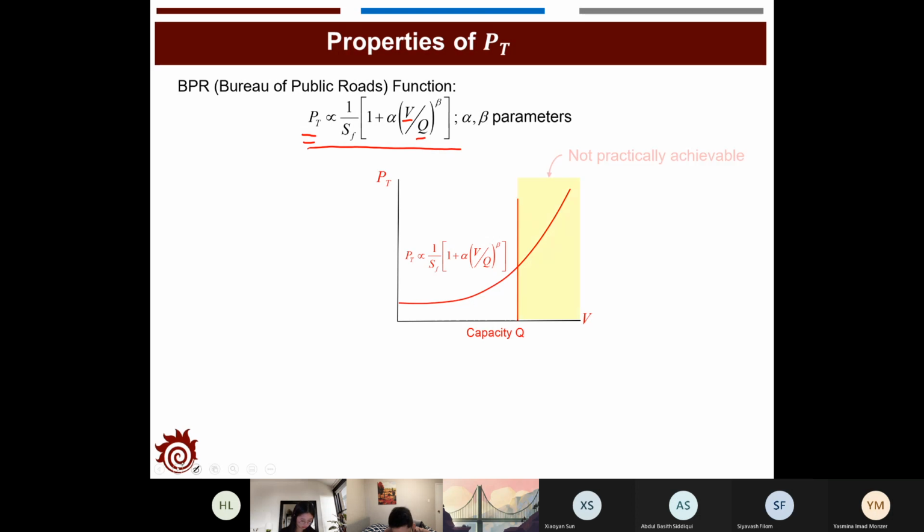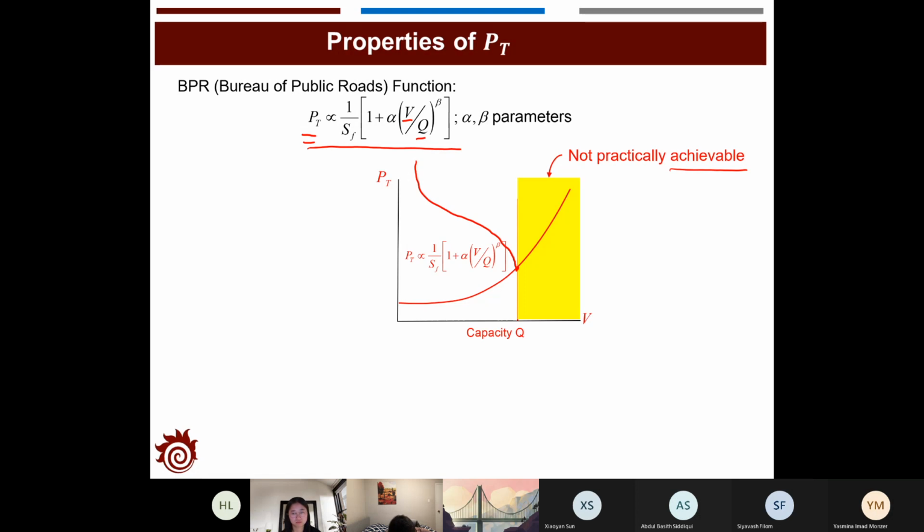But in reality, this part, the yellow region, is not achievable because it's impossible for us to get the road over congested. Instead, we need to find some mechanisms to describe what happens when the road is congested. So this model is quite good for the non-congested scenario, but it's not accurate for the congested part.